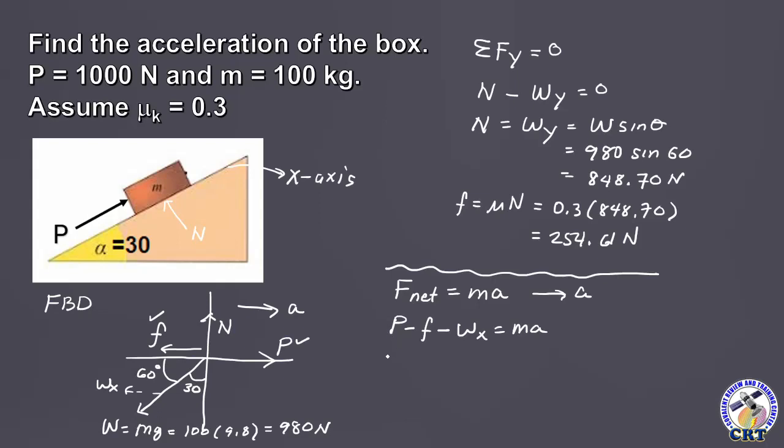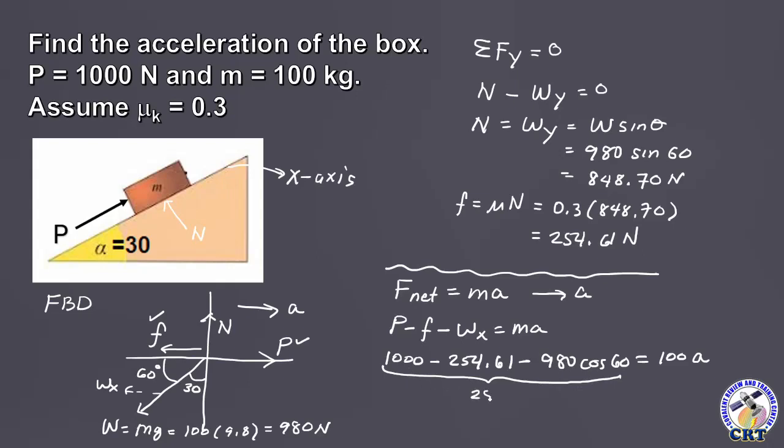So substitution, P is 1000 newtons minus F, 254.61, minus Wx, that is 980 cosine of 60, equals mass, 100 kilograms, times the acceleration. Okay, so solving for the left side of the equal sign, solve this operation.